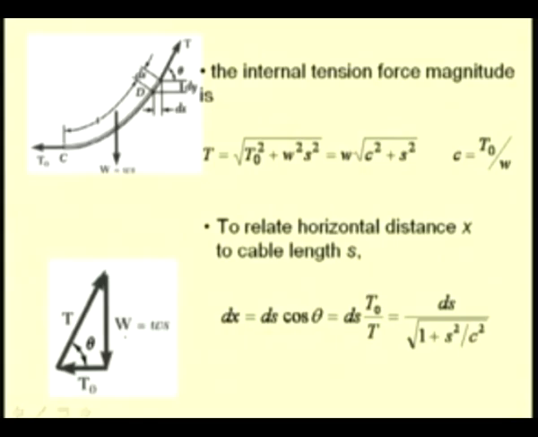So, if we integrate this from this point C to D, we get the relation between the total length S spanned by this segment CD and the horizontal distance spanned by this curve segment CD. So, we integrated between this point and the point of our interest.